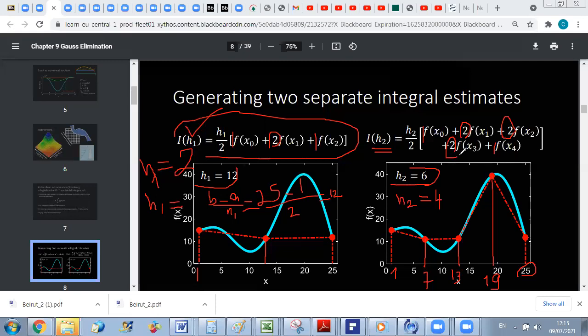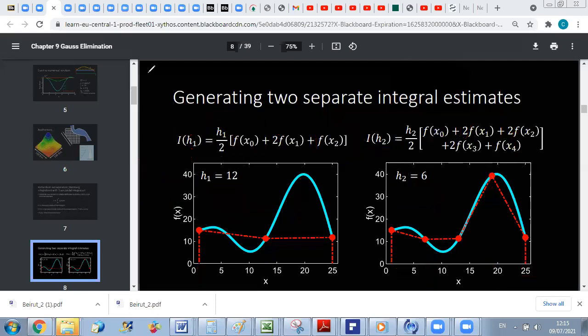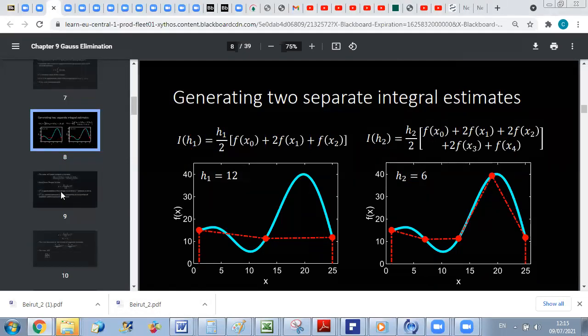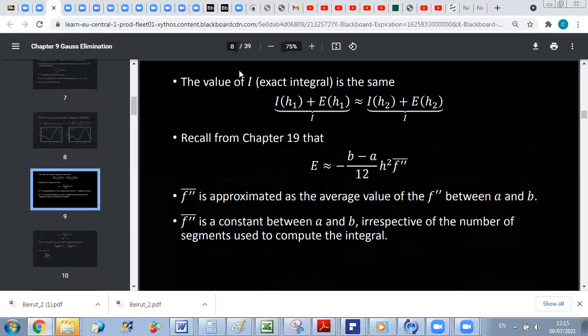Now, I did two predictions, and I want to deduce from these two predictions a much better estimate of the integral. This is why I will try to relate the errors in these two cases. Okay? How to do this? I can say that the value of the integral, which is the exact value, can be written in two ways.